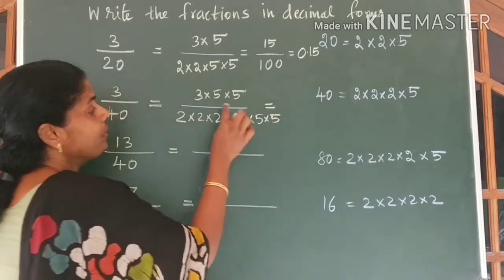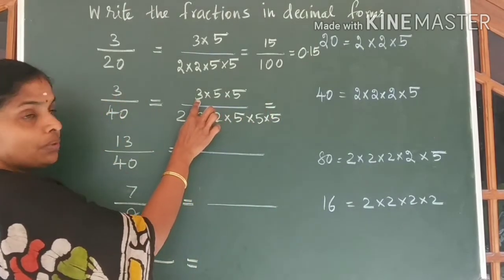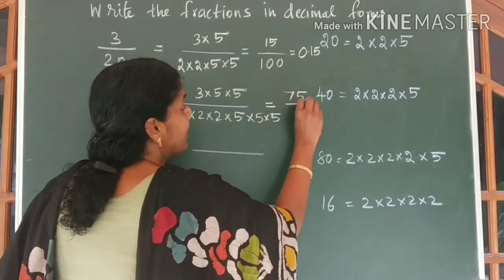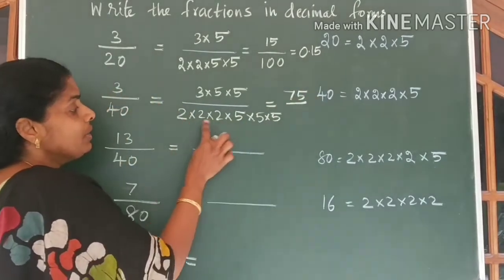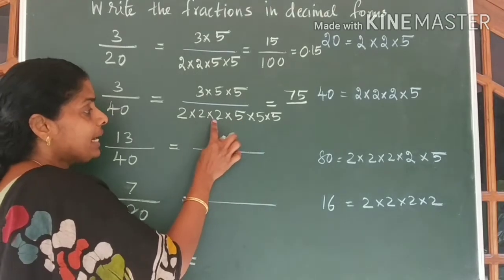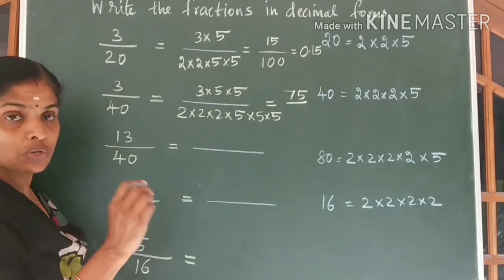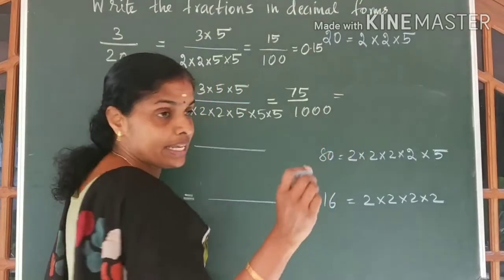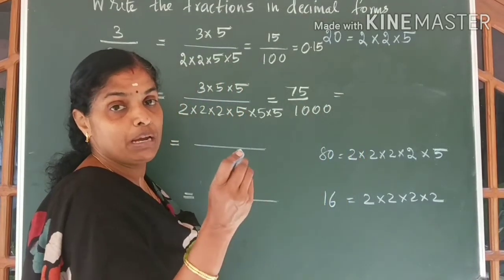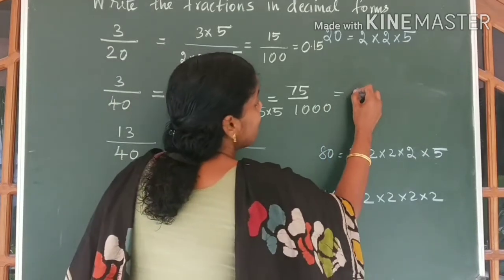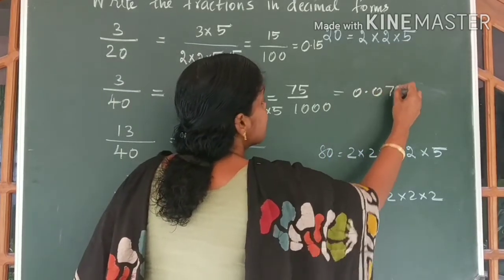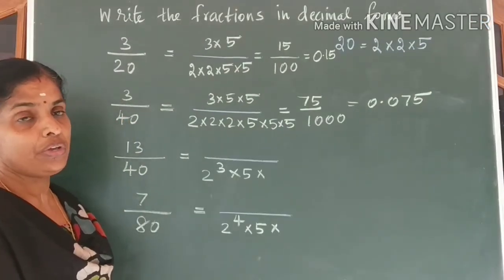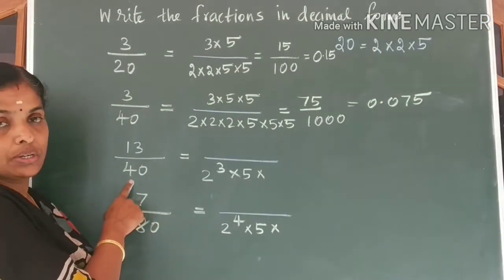This is equal to 25 into 3, 75. So, 75 divided by, you have 3 2s and 3 5s. So, you get 1000. 3 zeros in the denominator. Keep the decimal point before 3 digits. So, the answer is 0.075. Same idea used in this also.